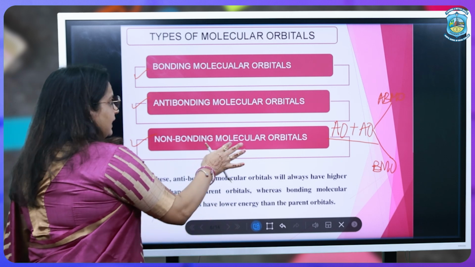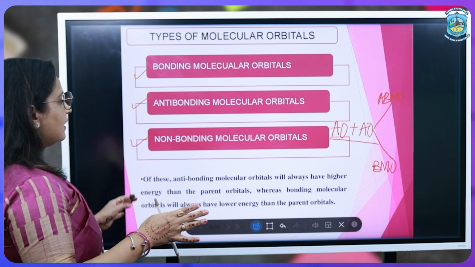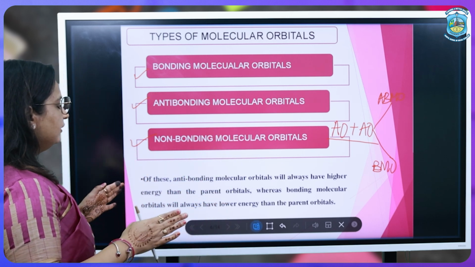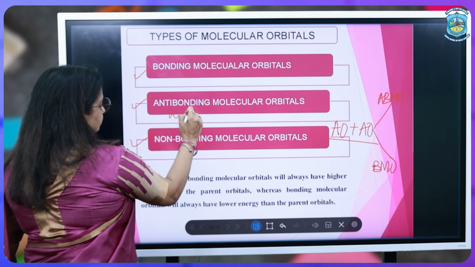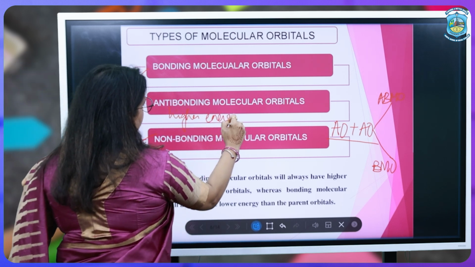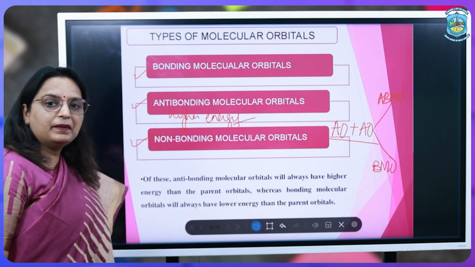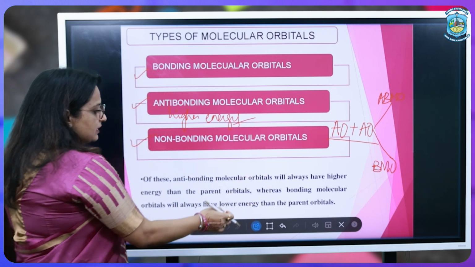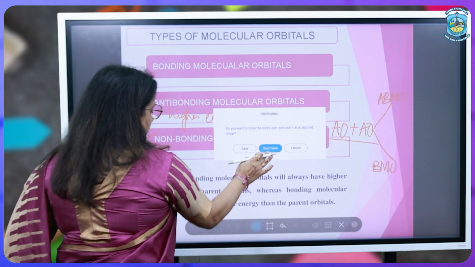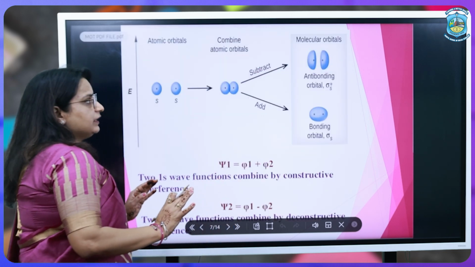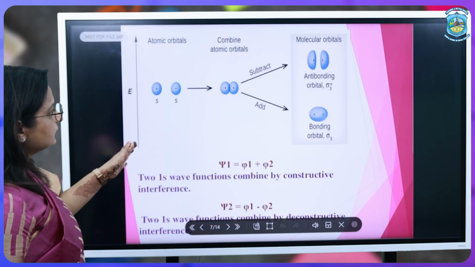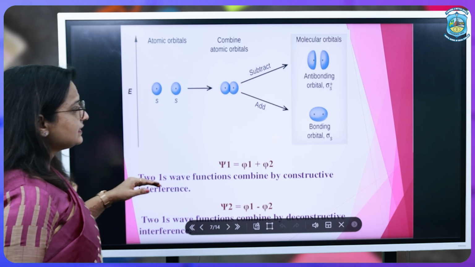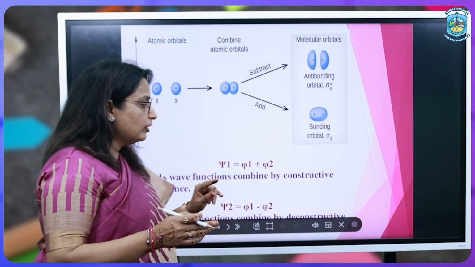So three types of molecular orbitals are bonding, anti-bonding, and non-bonding, with anti-bonding being higher energy in comparison to the parent orbital, which is very clear from the diagram. So now you are clear with molecular orbitals. From the diagram you can also see that molecular orbitals are bonding and anti-bonding.